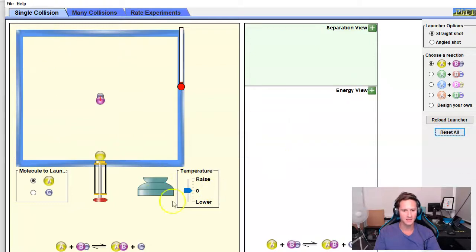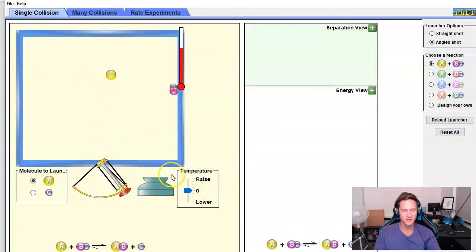Another thing is you can change the angle, so you can do a bit of an angled shot. And how does that affect the reaction? So how does that affect how quickly the reaction forms products? There's no stopwatch on here at the moment, but you can have a look at some different bits and pieces that show what's happening in different ways.